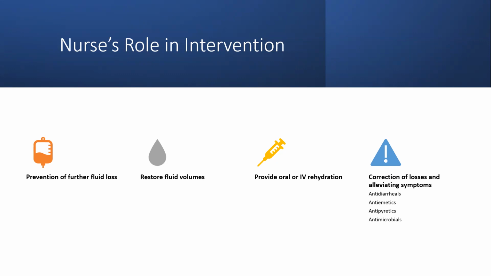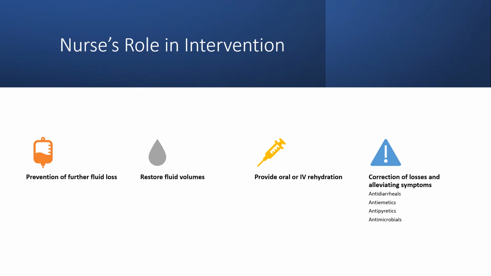So, as a nurse, we're going to have to prevent any kind of further fluid loss and increase the fluid compartment volumes to normal ranges. So with that, we're going to be providing oral hydration therapy, IV fluid replacement if the dehydration is severe. We're definitely going to monitor intake and output.